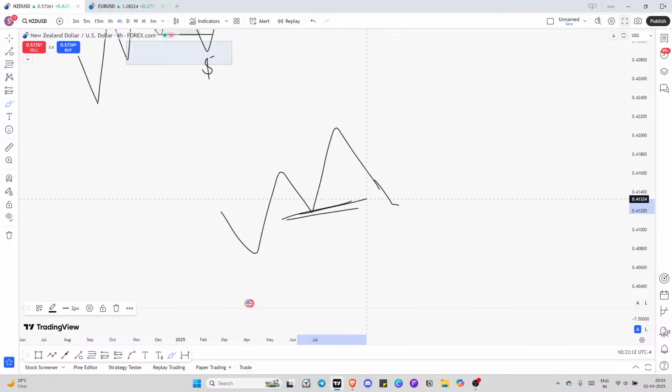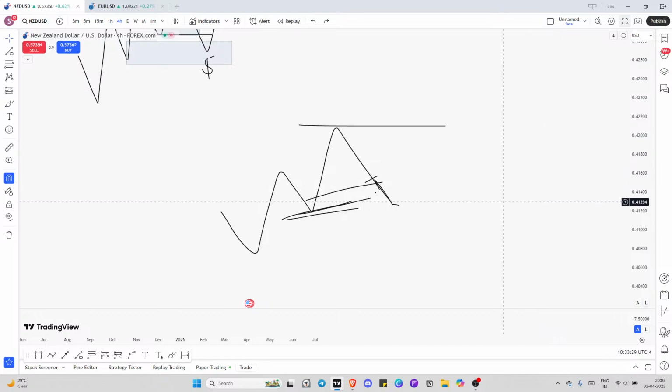If I were the market maker, this is my drop liquidity, and I would want to take a position. I have hundreds of thousands or millions of dollars with me, so I can't right away click a button and take a trade. What they do is slowly accumulate their positions towards the buy side.